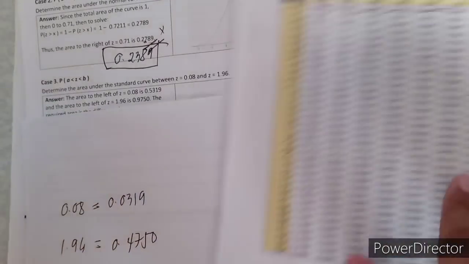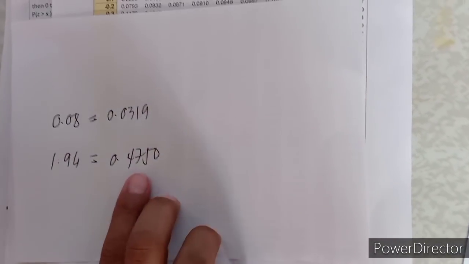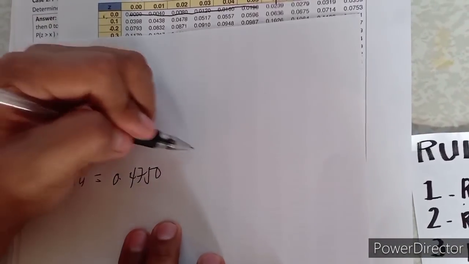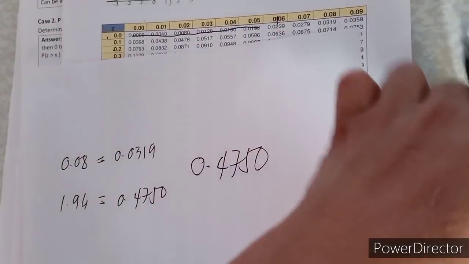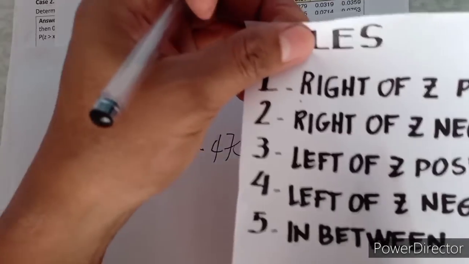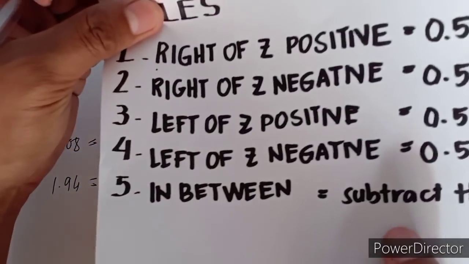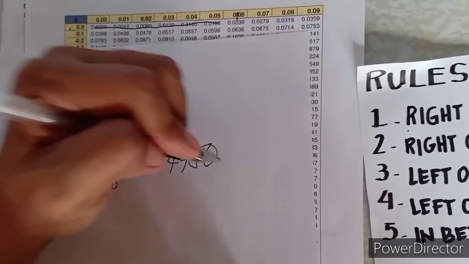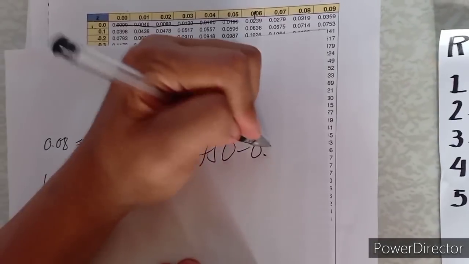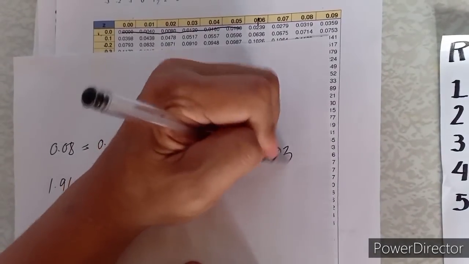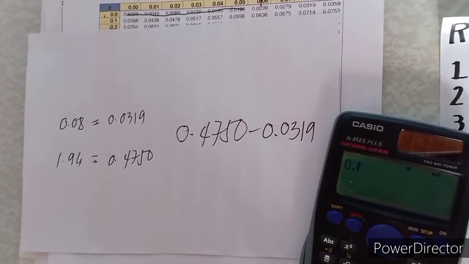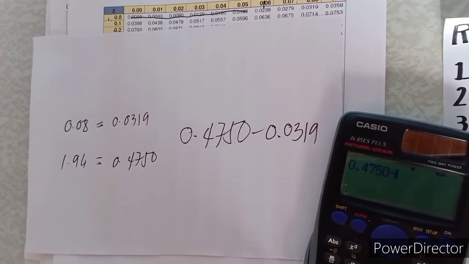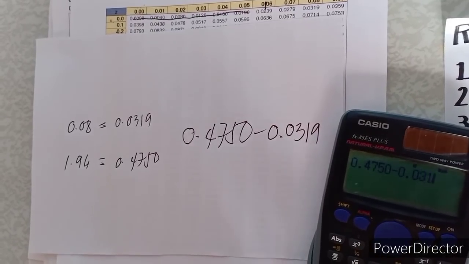So we have now 0.4750. Ang rule natin dito, dapat laging mauuna ang mas mataas na number. Mas mataas po ito. Let's just subtract. 0.4750 minus 0.0319. Yun ang rule natin. In between, sabi niya, kapag in between ang nabasa, just subtract the Z values.